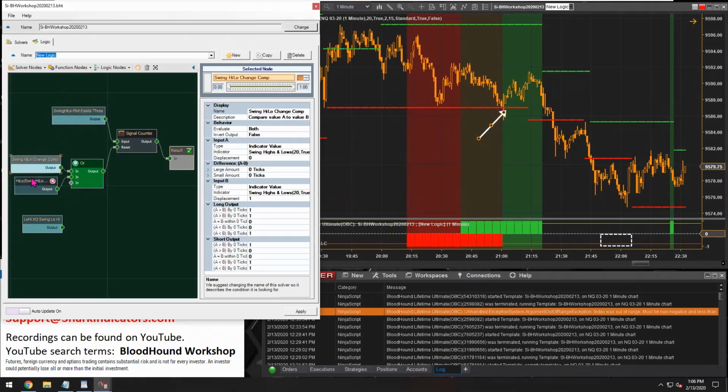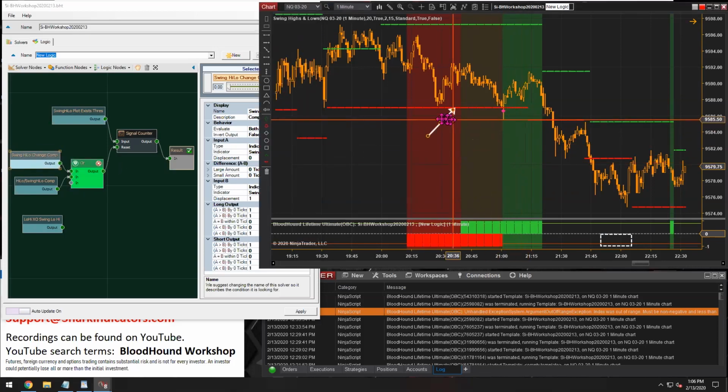And then these solvers here, this solver on top is needed when using the swing highs and lows indicator because the plot never stops. So we need to identify when the swing low changes price, or when the swing high changes price, meaning a new swing low has started.